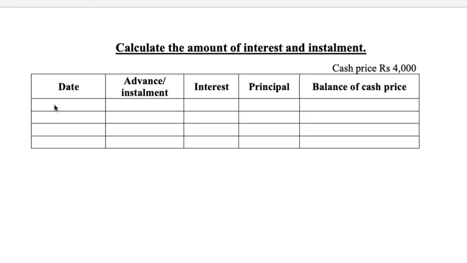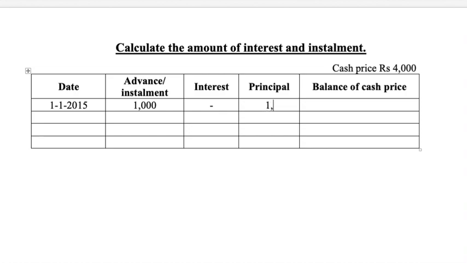Now from the problem, on 1st of Jan 2015 they enter into an agreement, and how much is paid as advance is 1,000. That is, Ramesh is paying 1,000 as advance to Suraj, right? So there is no interest on that.